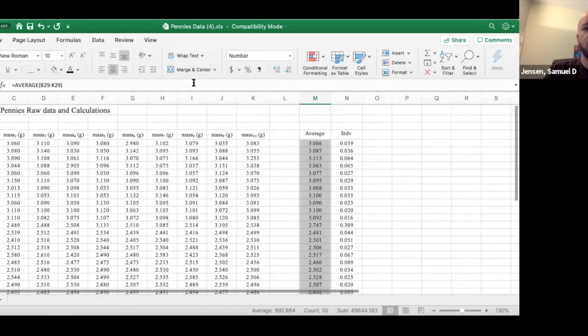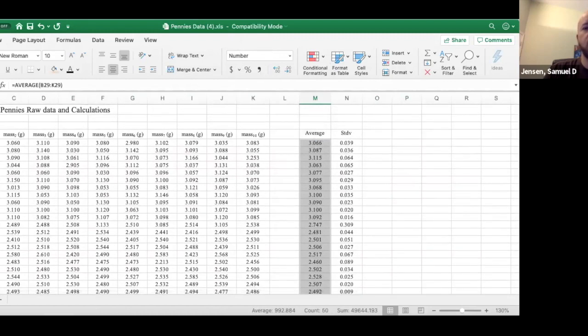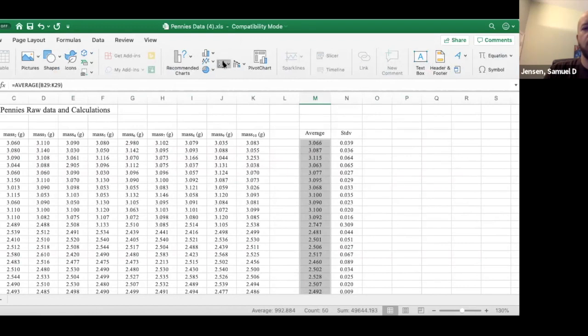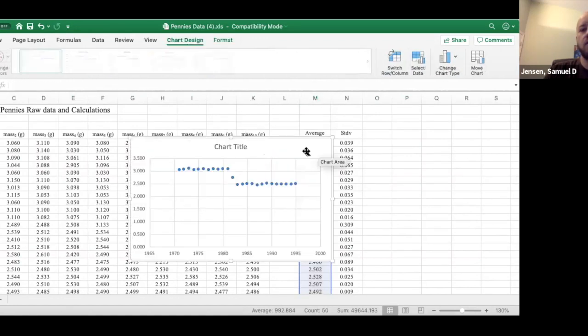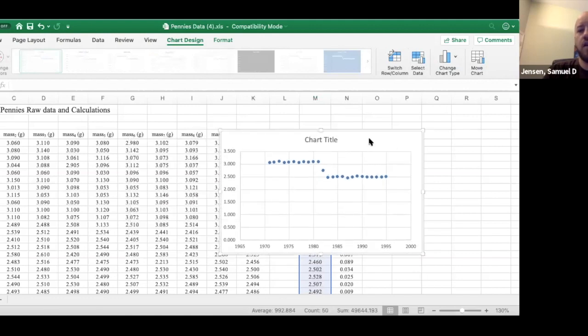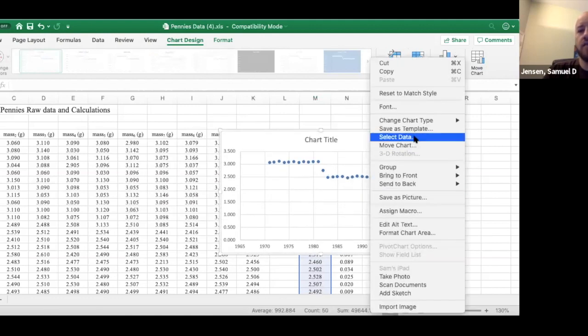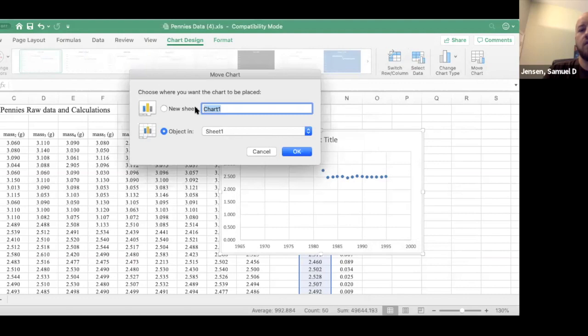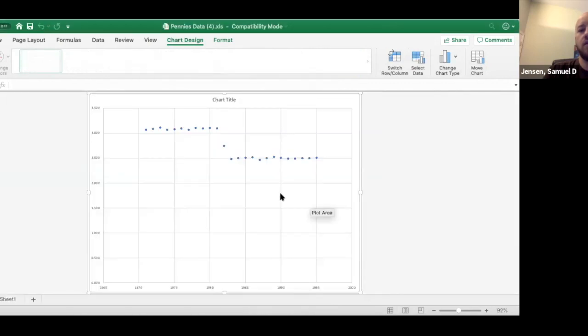All right, so here we want to insert a graph. It's an XY scatter chart. And so here we get our graph of the average mass versus the year. Now, what you want to do is make this look good.